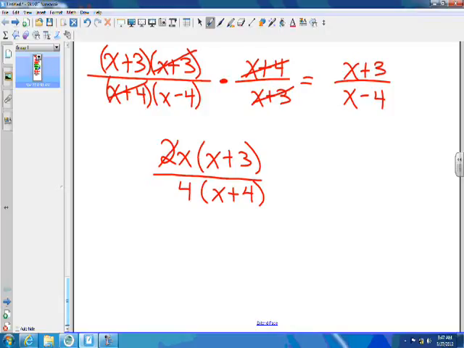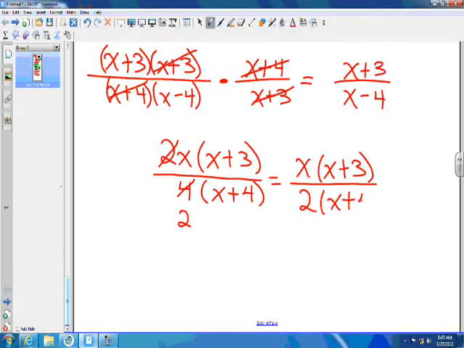If you cross that off, you'd have 1x, and if you cross that off, you'd have a 2. So you would be required to do that. So then you'd have x times x plus 3 over 2 times x plus 4. So again, anything that's being multiplied out front, you can cross that stuff off. It's just, you can't cross these x's off when they're being added or subtracted from something else.